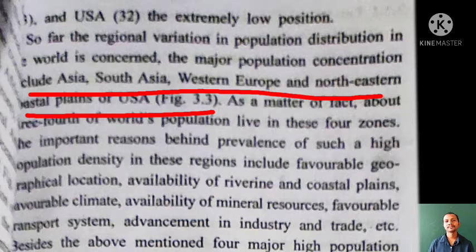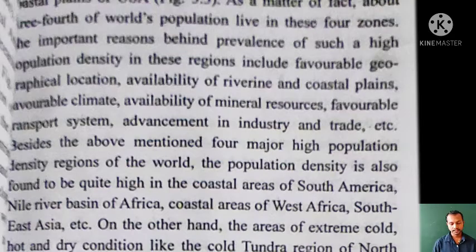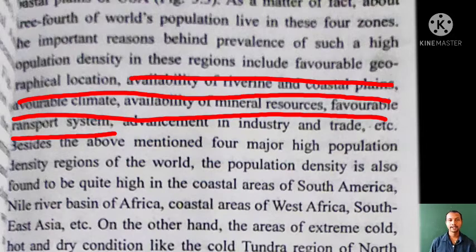The reason behind why these areas are having more population is that these areas have a favorable geographical location, the availability of riverine and coastal plains is more in number, favorable climate is there for the people and for agriculture, mineral resources are available, the transportation system is well developed, advancement of industries is taking place in these places, and trade business is also developing, improving day by day.